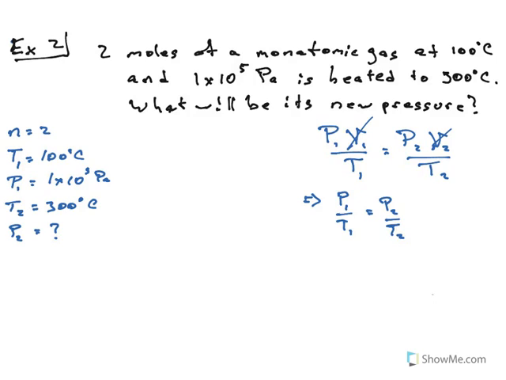I'm not in Kelvin initially, so let me go ahead and convert. T1 is 100 Celsius plus 273, which is 373. And T2 started at 300, and I add 273, so that gives me 573.